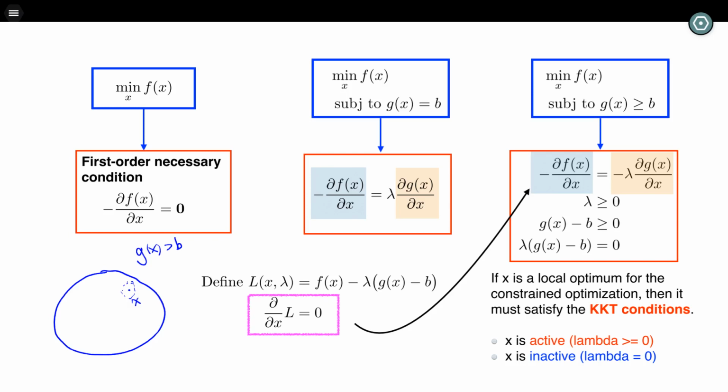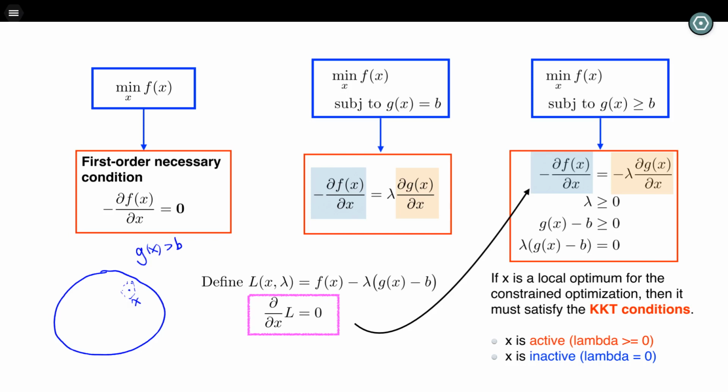So the whole neighborhood is inside the feasible region. Now if x is a solution to that problem, that means locally there's no direction that can reduce the value of f. So if g(x) is strictly bigger than b, then if x is a solution, we want the derivative of f(x) to be zero. This is the first case.